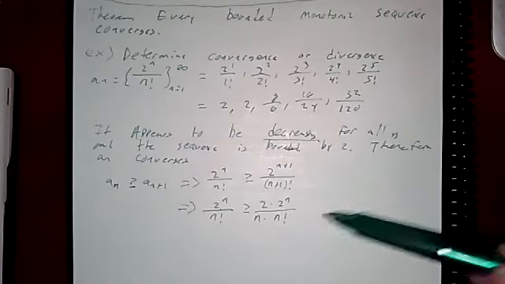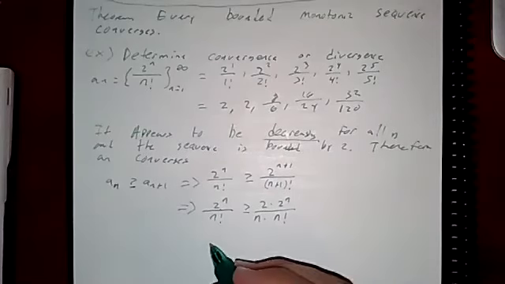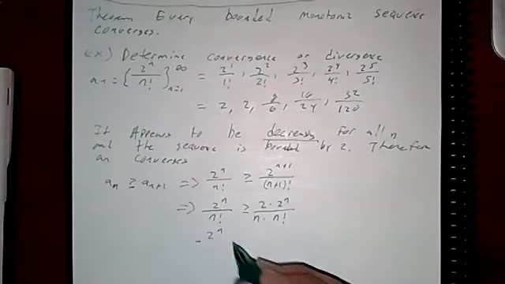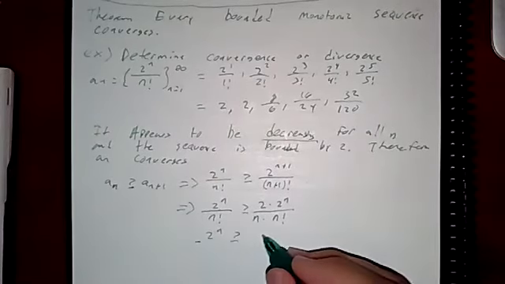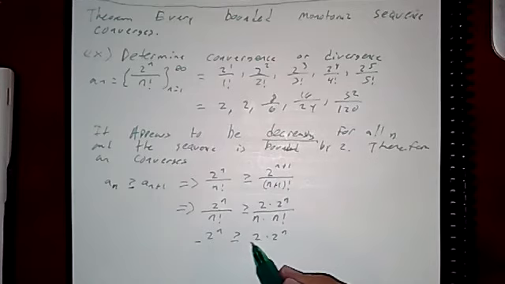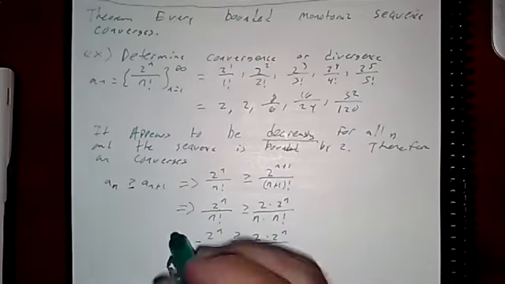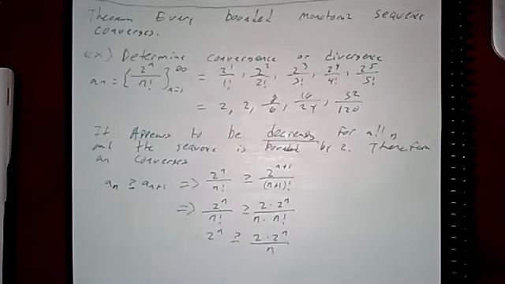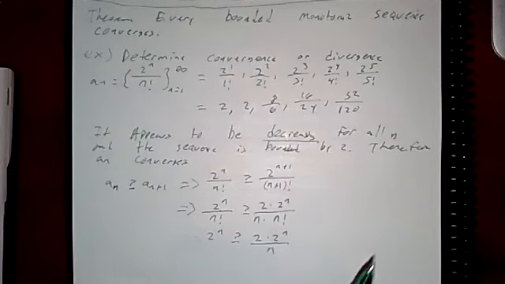So then if I multiply both sides by n factorial, I would get rid of it. And I'd be left with 2 times 2 to the n over n. This already looks smaller, right? But I'm not 100% sure yet. Let's keep going. Now I can divide out 2 to the n.